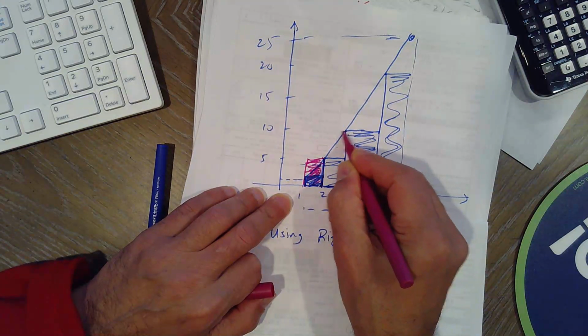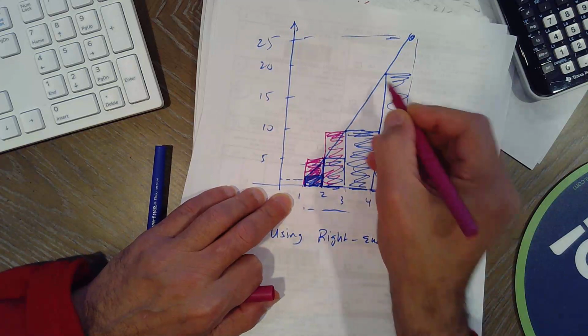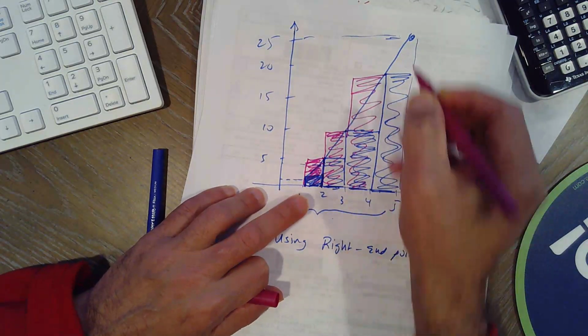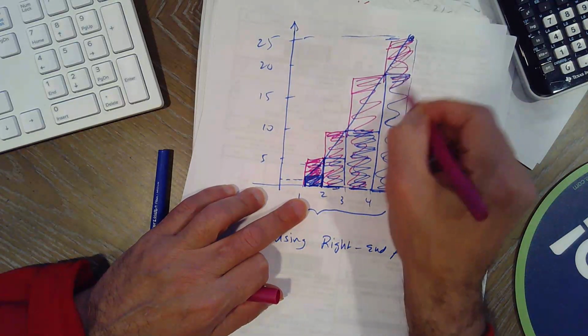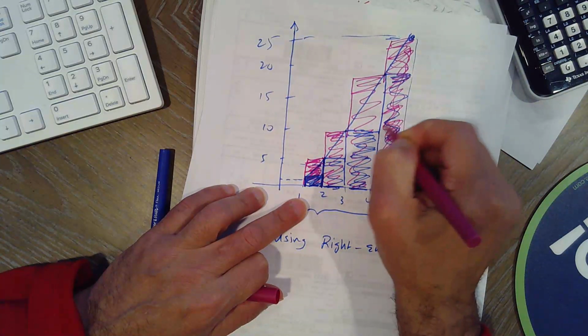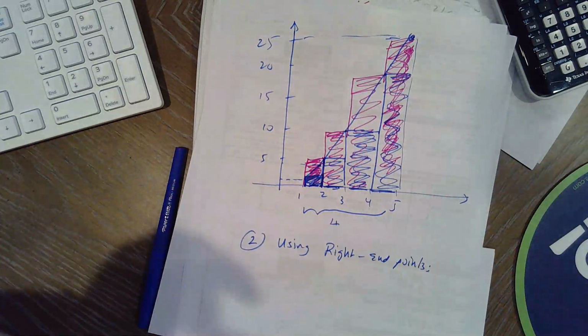This is the first rectangle. This is the area of the second rectangle, the third rectangle, and the fourth rectangle. And we are getting upper sums, and we get an overestimate of the actual area, okay? Because we're adding these shapes, these areas.